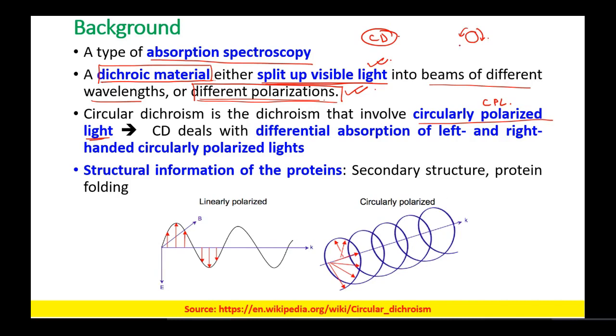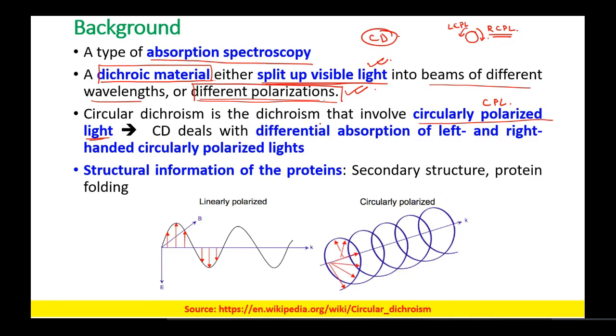If the polarized light is being circularized in the anti-clockwise direction, it is called left circularly polarized light. If it moves in the clockwise direction, it is called right circularly polarized light.